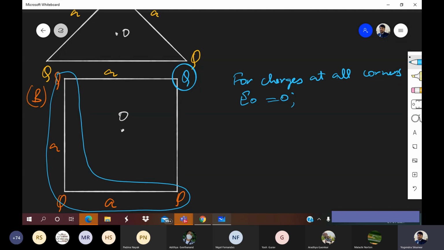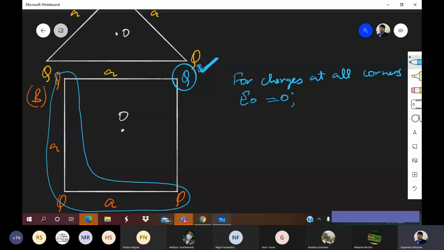Because when this charge is kept, it is making electric field 0 at the center. That means this fourth charge is creating the electric field equal to the three charges which were already present, right? So how much will be the electric field due to this one charge?